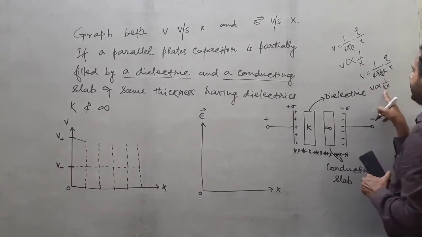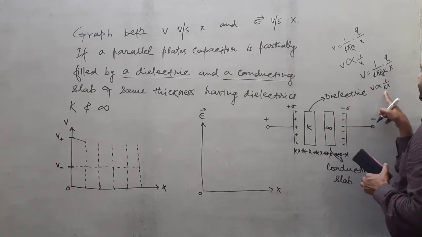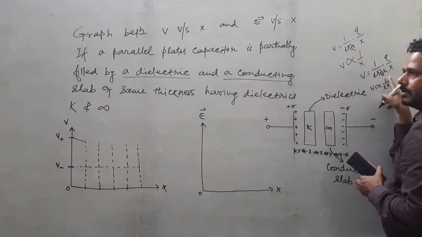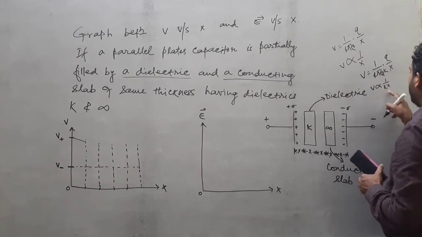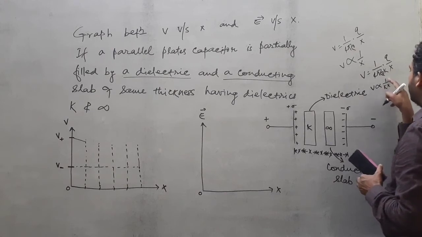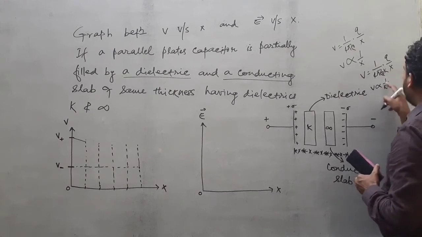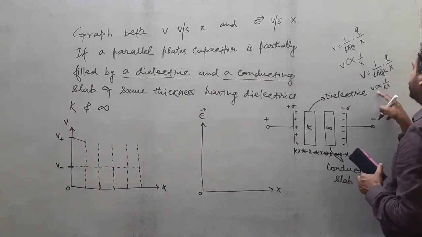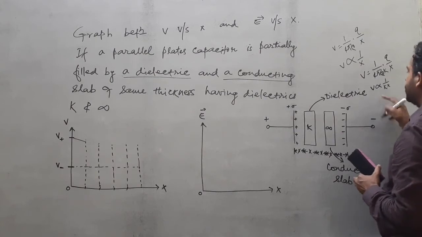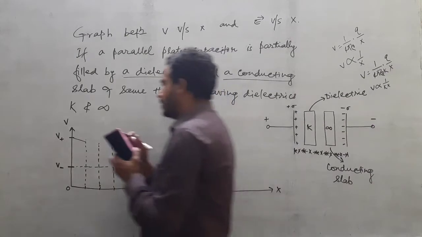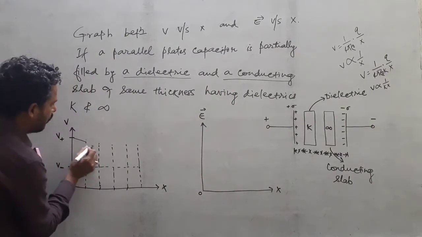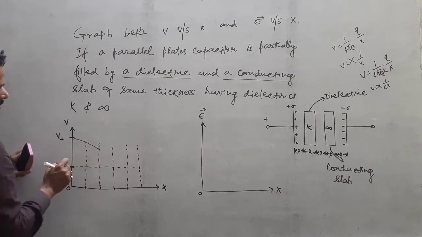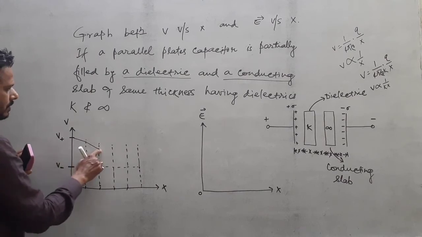The denominator is increasing, so the value will decrease, and it decreases fast, not slow. So there is a steeper curve than the first one.